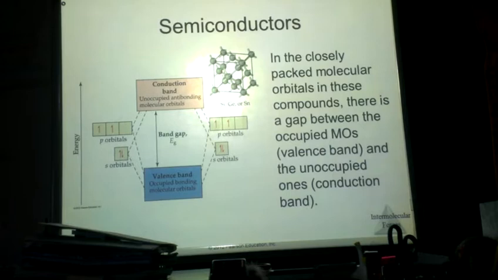The other thing that I want you to know with the molecular orbital theory or molecular orbital diagram is that as this energy gap between bonding and anti-bonding orbitals gets bigger, or as it's larger, then that means it will be a better semiconductor. And that really has to do with the size of the actual atoms. So as you move down that 4A column, as I go down that carbon family, carbon and silicon are really great in terms of their semiconductive properties.